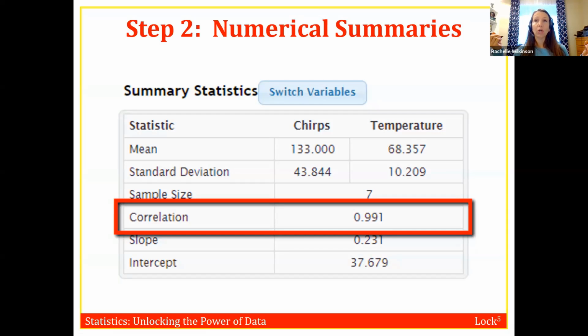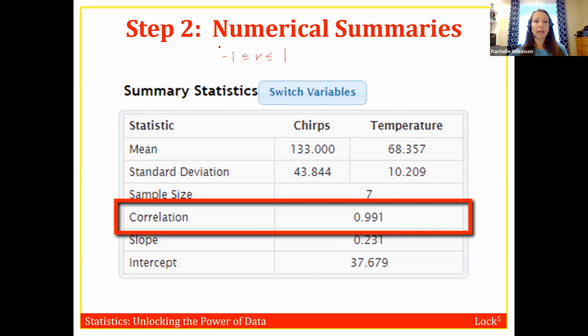So thinking about correlation, what are some other things that you remember about correlation? What are some other characteristics of correlation? So first of all, maybe what kind of values can correlation take? Okay, so correlation has to be a number between -1 and +1.